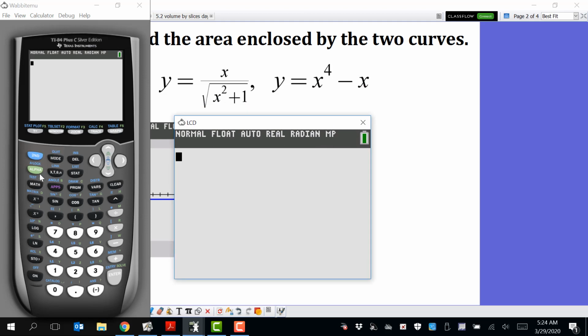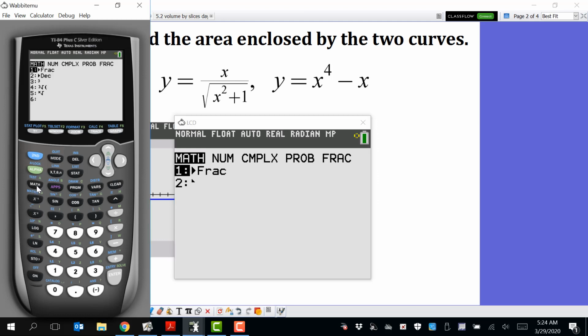Okay, so to get to the integration tool on your calculator, you're going to go to math. You're going to go down to option 9, which is function integration. Hit 9. And if yours has the most updated software on it, you'll have a blank fill-in integral like this, like I have.